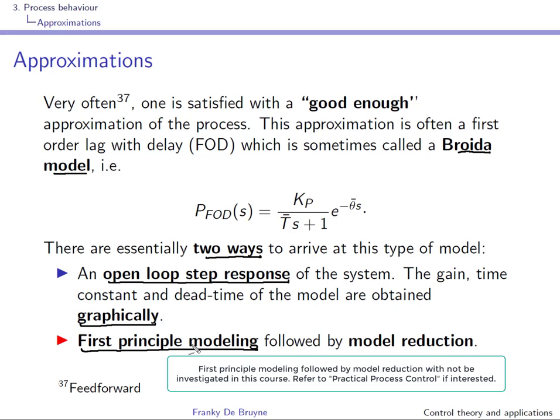So this transfer function will be too complex for the methods that are used in this course, and the idea is that you can obtain a simpler model using model reduction. Note that we use the notations t bar and theta bar because they are the best estimates of the time constant and the delay for this approximation of the process using the Broida model.